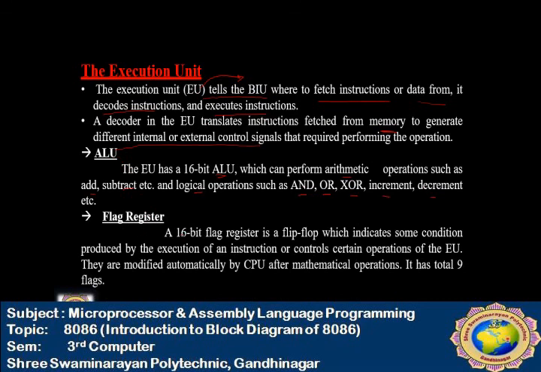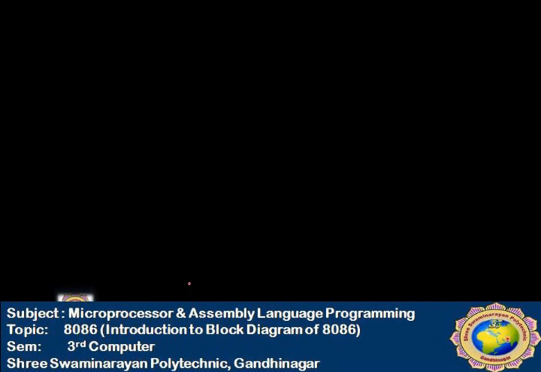As in the 8085, the flag register is a set of flip-flops, here 16-bit, which indicates some condition produced by execution of an instruction or controls certain operations of the EU. They are modified automatically by the CPU after mathematical operations done by the ALU. It has a total of 9 flags, which is the difference between the 8085 and 8086 flag registers. We will discuss the flag register in detail in the next video lecture.